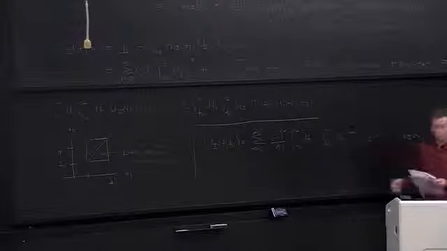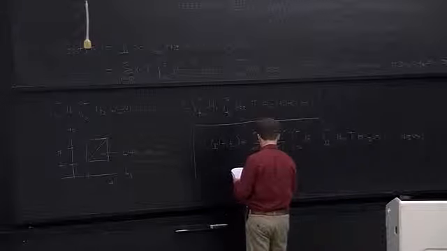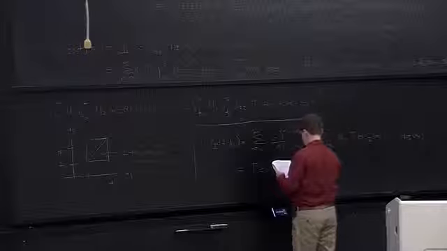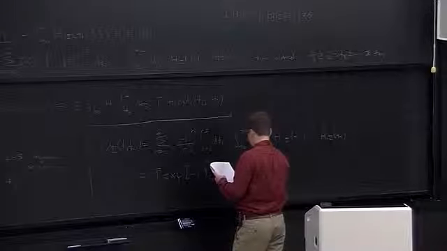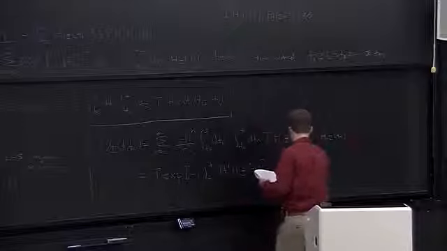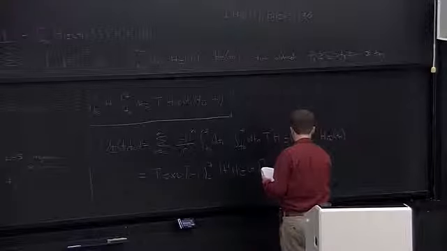So we can write the solution as the time-ordered exponential. And this is what's known as Dyson's formula.